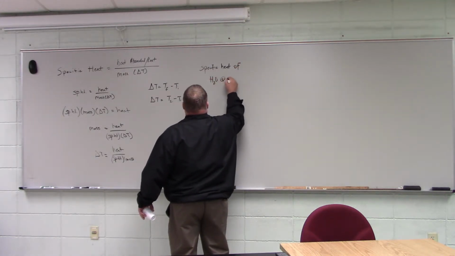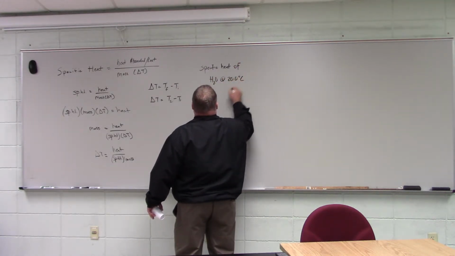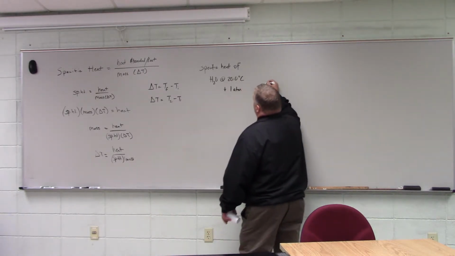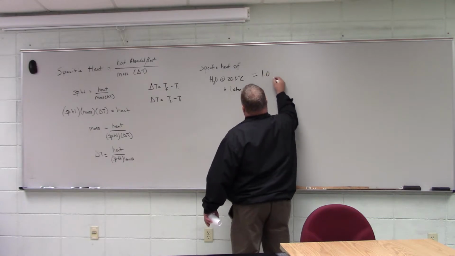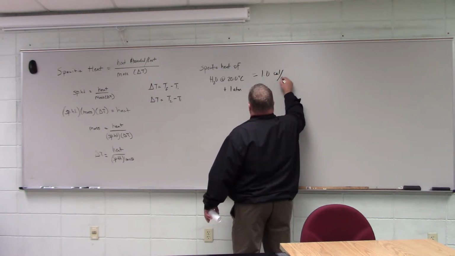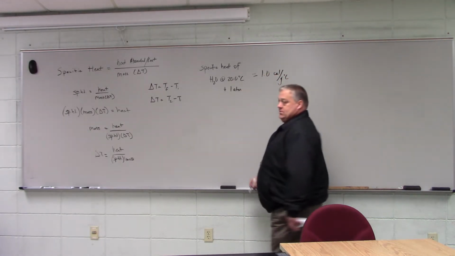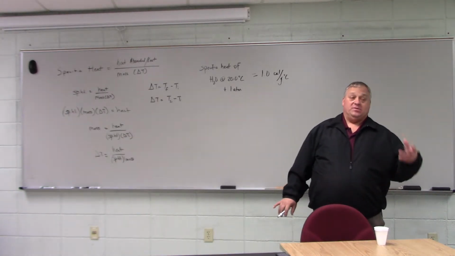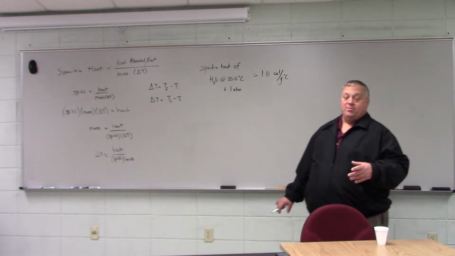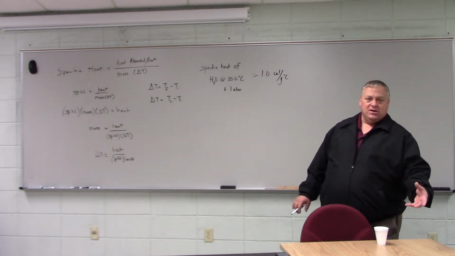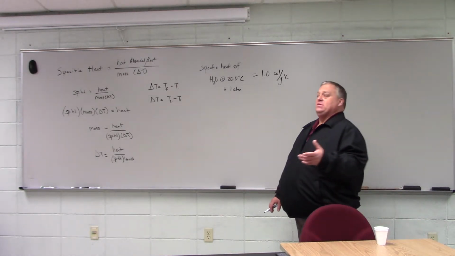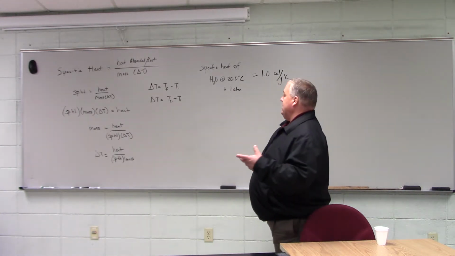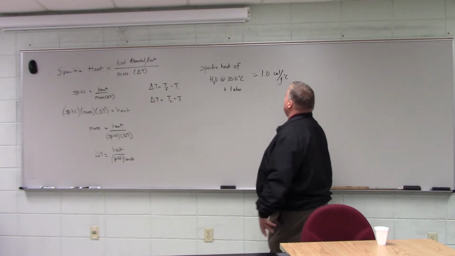At that magical 20 degrees Celsius and 1 atmosphere of pressure, the specific heat of water is 1.0 calories per gram degree Celsius. So generally we look at things that have a specific heat less than 1 calorie per gram degree Celsius as a good conductor, and things that have a specific heat greater than 1 calorie per gram degree Celsius as a good insulator.